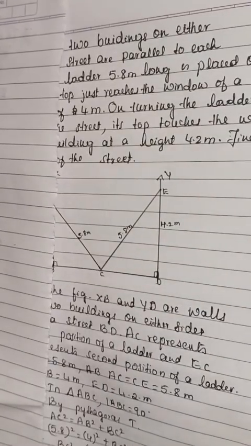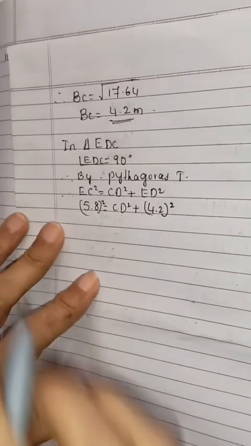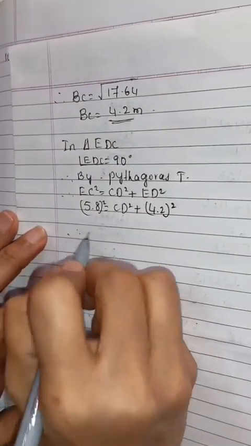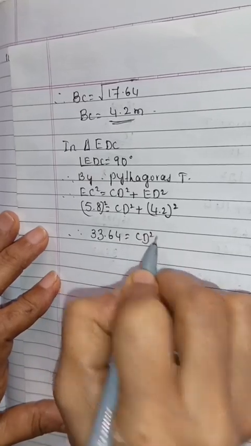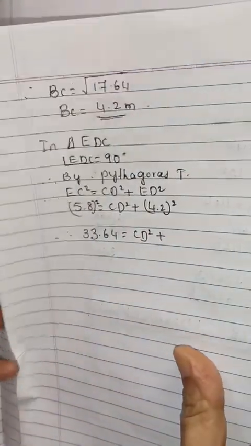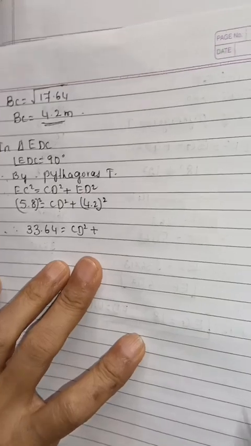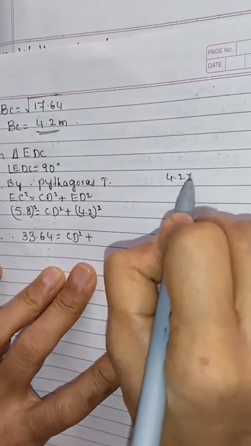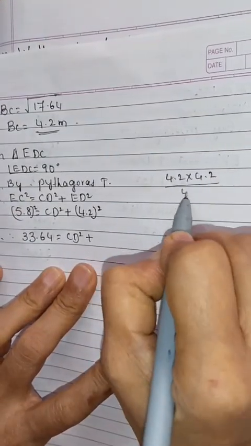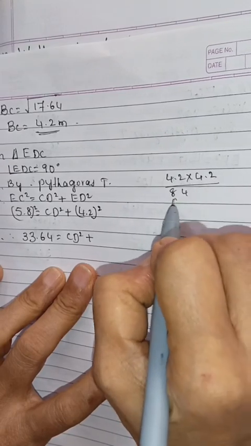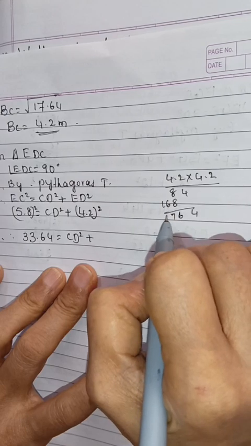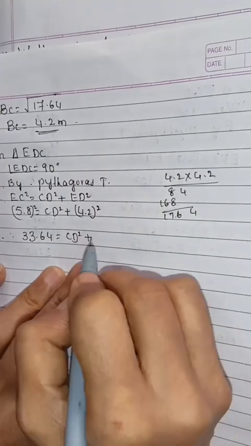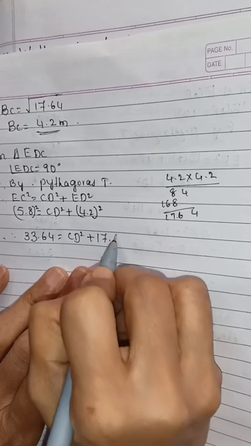5.8 square is 33.64. Therefore, 33.64 equal to CD square plus 4.2 square. 4.2 multiplied by 4.2 is 17.64.